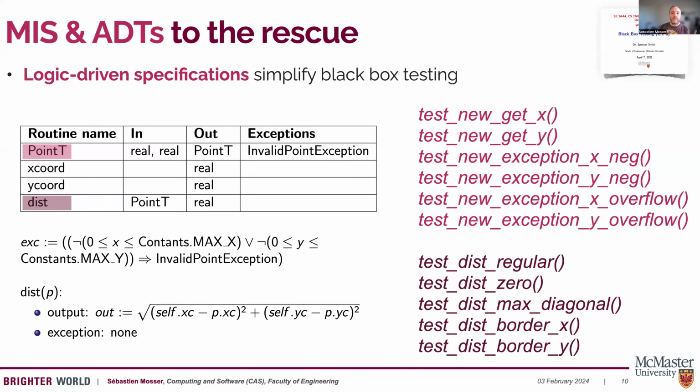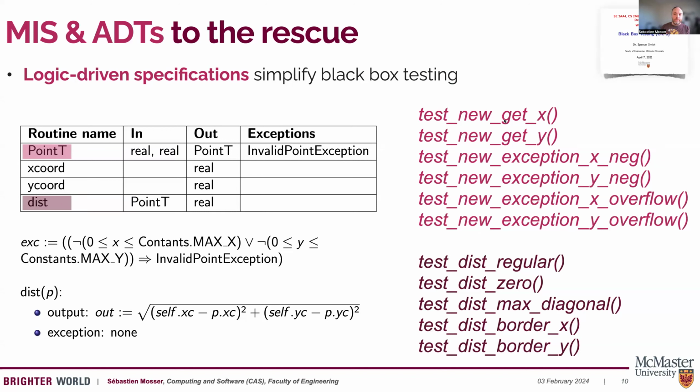So if I want to test elements about a point, I can actually not look at the code. I don't care how the point is represented in memory. I just know its public interface, which is I can create a point that takes one real and another real number, the output is the point, that's the constructor, and if there's a problem, I will get an invalid point exception. And out of this single line, I can actually derive 1, 2, 3, 4, 5, 6 test cases.